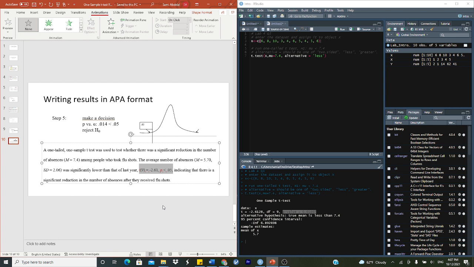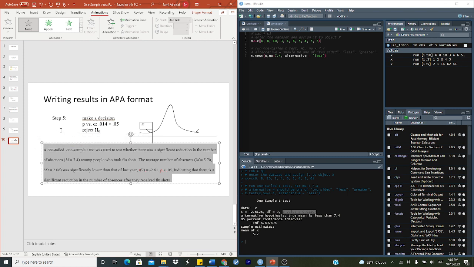As we go forward, we're going to be doing things more and more in APA format. So this is a really good way to get that system down. APA format is essentially a template. This is really going to be the same template that you use, I guess, until you have to add more information.